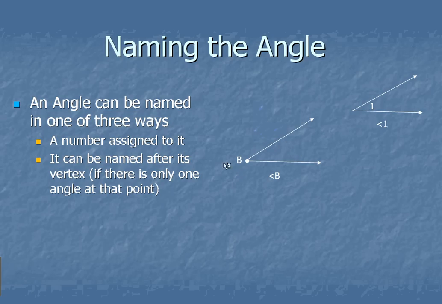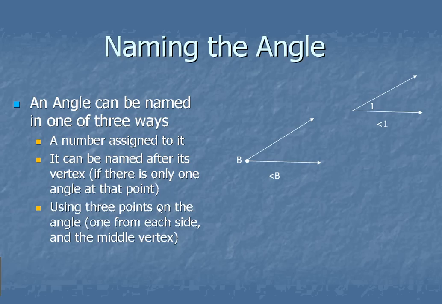So we have to be more specific and use three letters, which is the last way when we have something like that. Use one letter from each side, like if we had letters here, if this were A, that were B, and this were C, this would be angle ABC or angle CBA.